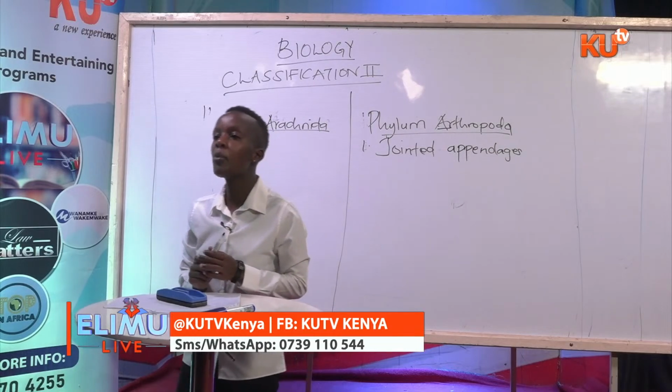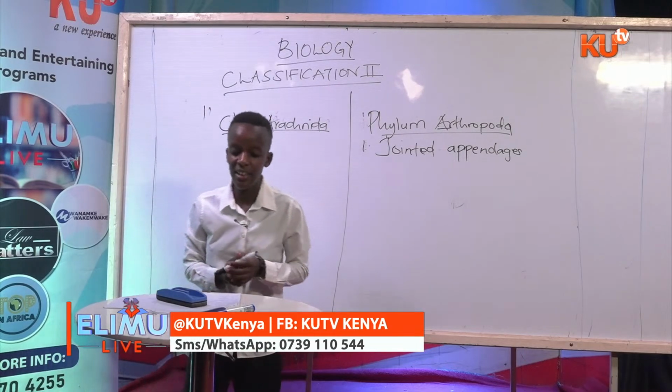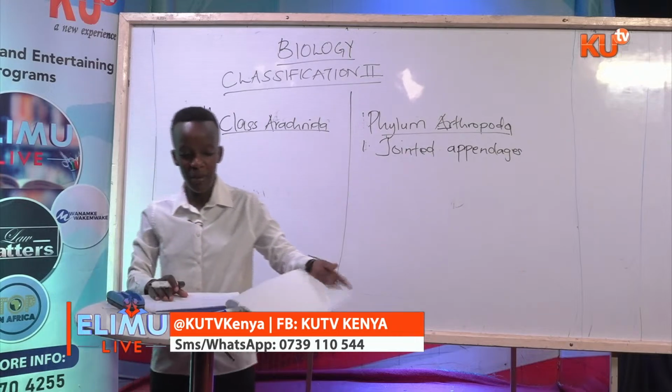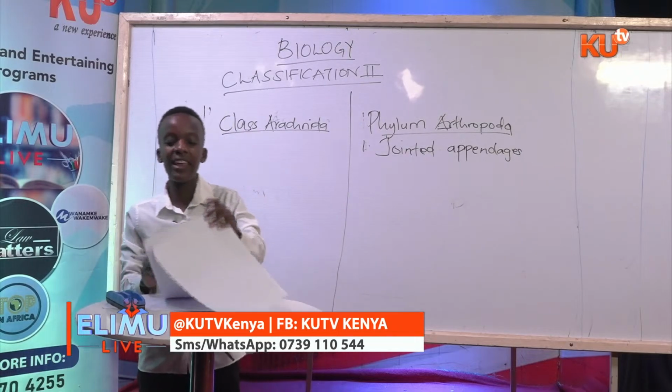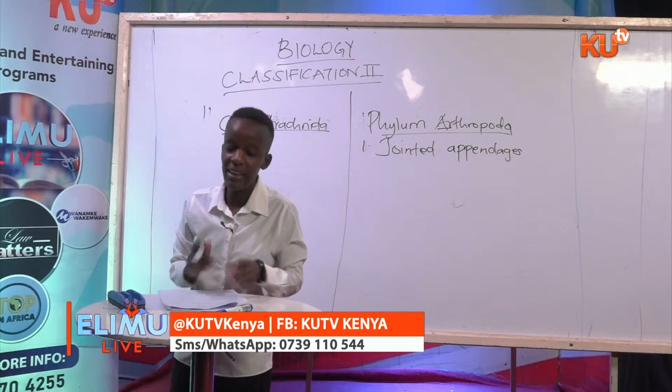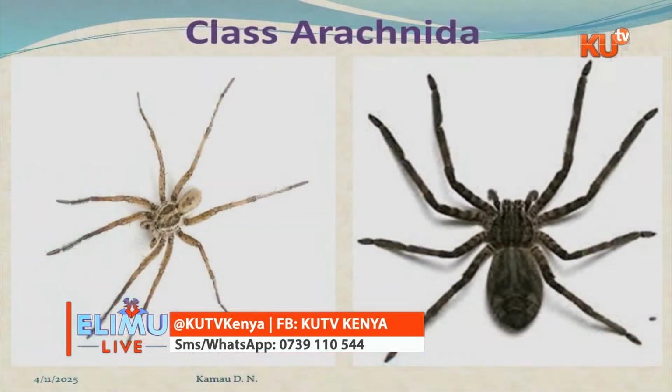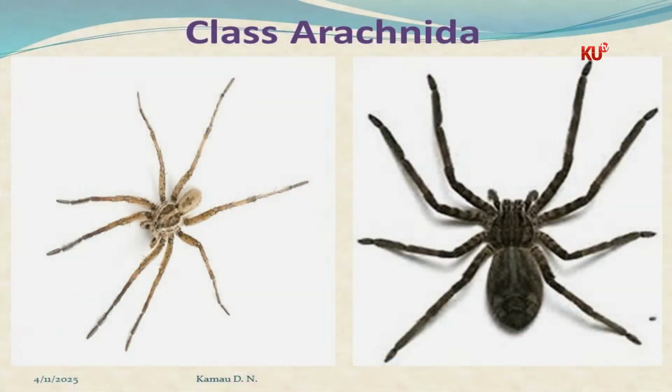Let's give examples of animals under this class. We have living organisms like scorpions, ticks, and spiders. They are found under class Arachnida. Learners, I hope you can picture a diagram of a spider.